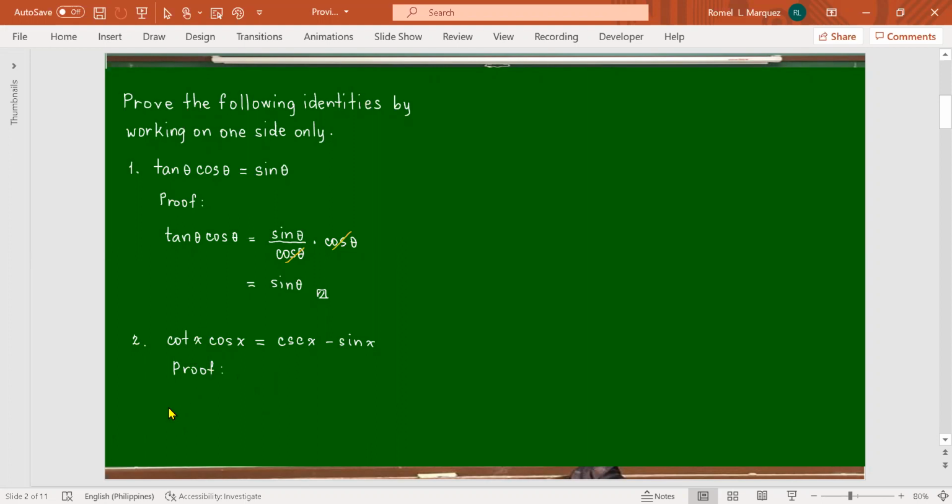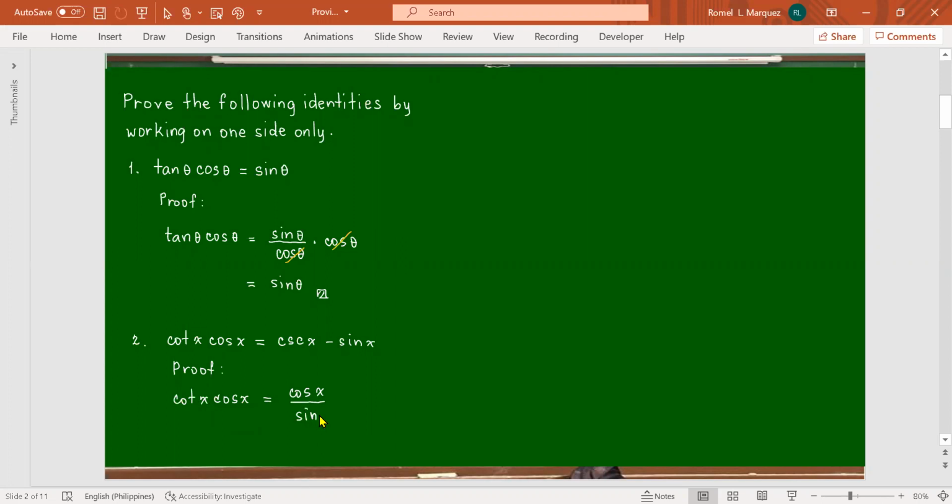So let's try working on the left side. So our goal is to express it in terms of difference. Okay? So let's start working on cotangent and let's see what will happen. So from quotient identity, cotangent x is equal to cosine of x over sine x.